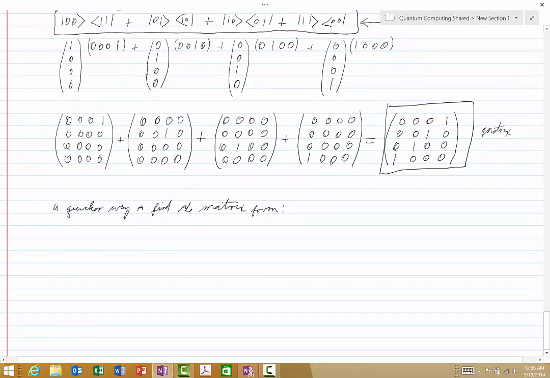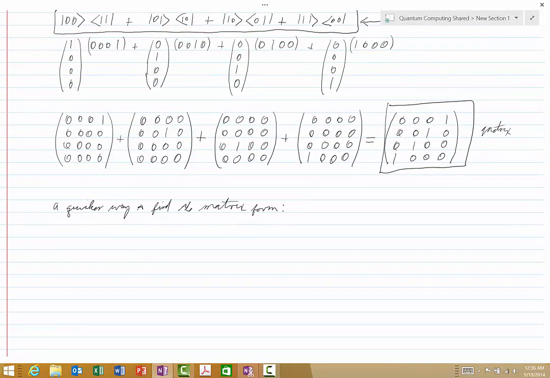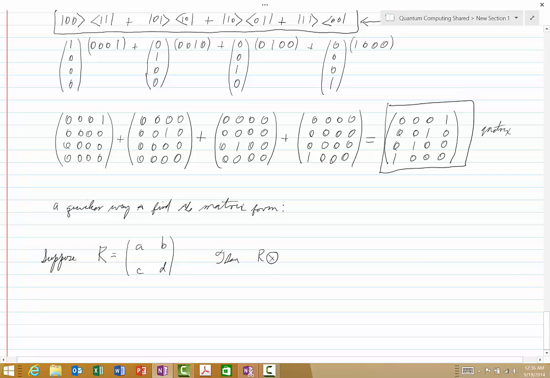And I'll do this in a general sort of way. Suppose, let's say R is equal to A, B, C, D. Then the tensor product, well, actually, let me make this even more general.